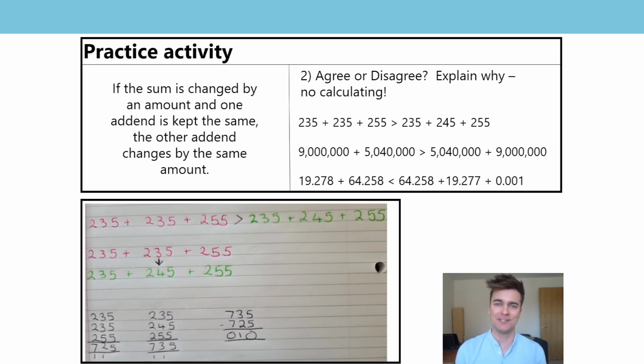Now, we could have used some calculating, even though it said not to. We could have added the 3 pink addends, then added the 3 green addends. We could have taken those sums and subtracted one from the other to find the difference. And there's that difference of 10 between the 2 parts of the inequality.